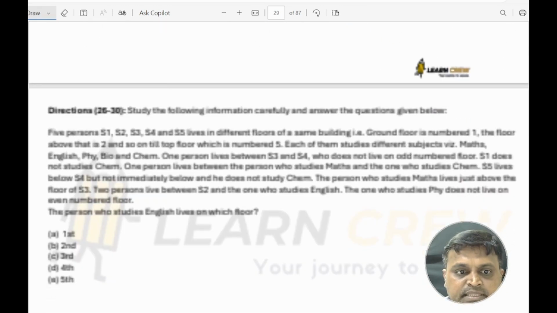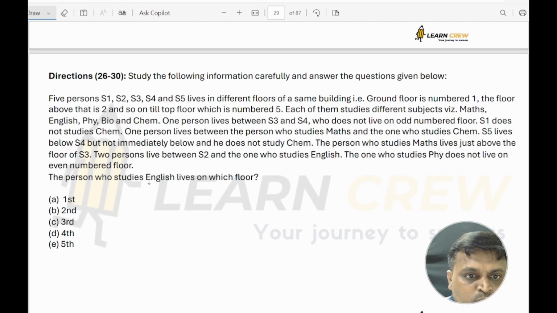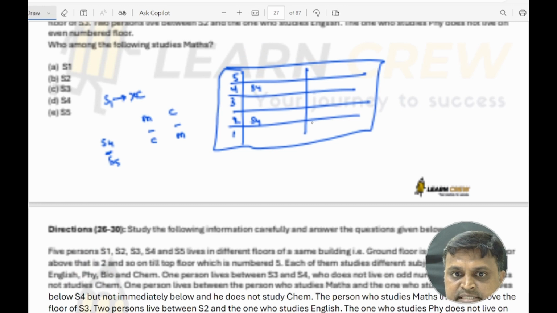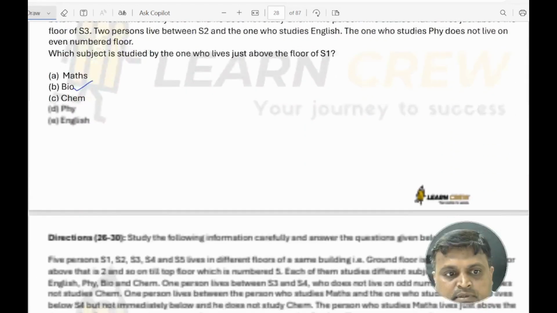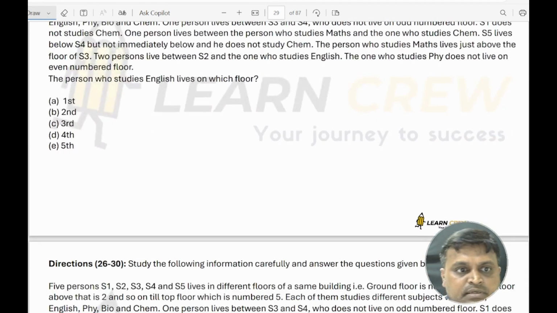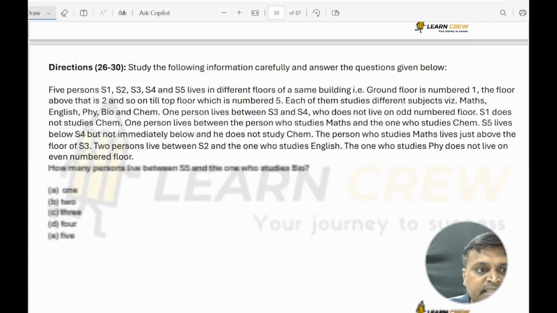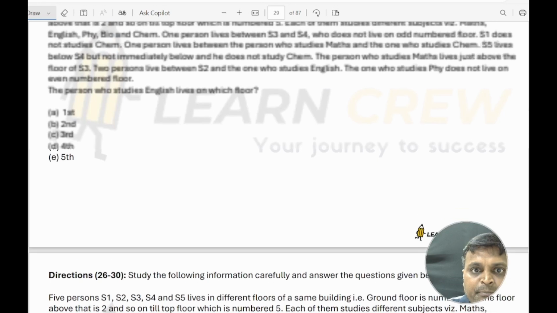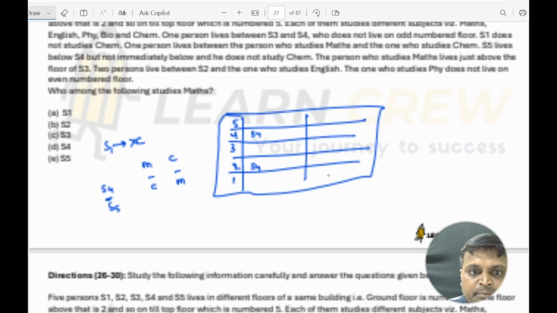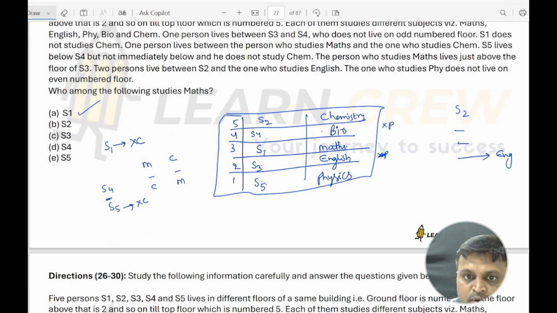Next, on which floor does the person who studies English live? The person who studies English lives on the second floor, that is S3. Next, how many persons live between S5 and the one who studies biology?